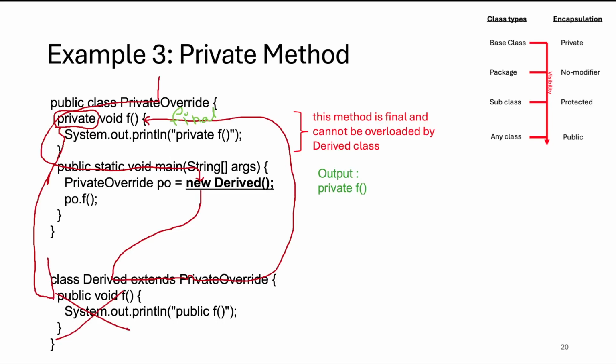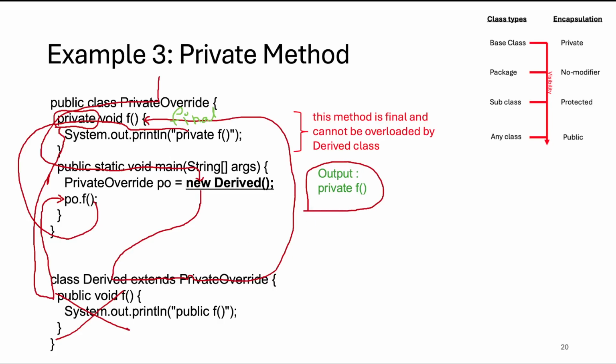It goes back here and executes the line pivot.f. Because f is here, the compiler goes to the private void f function, enters inside and prints the statement private f. Okay, and the program will end.